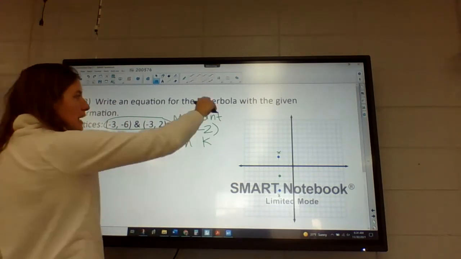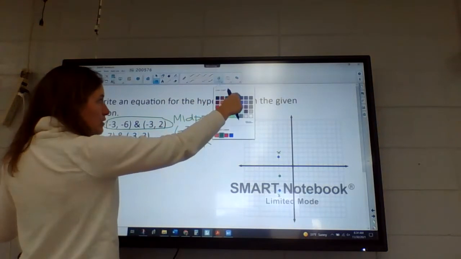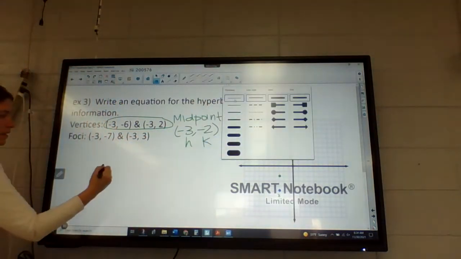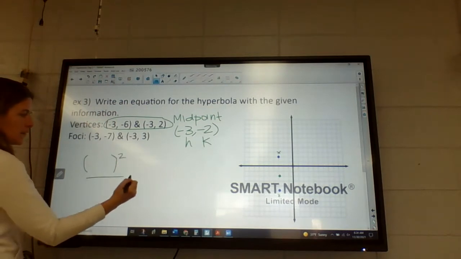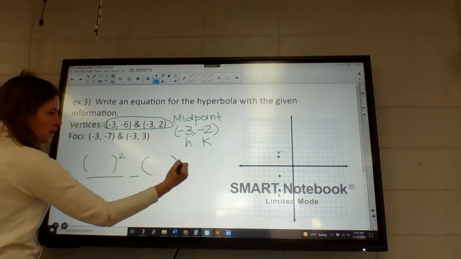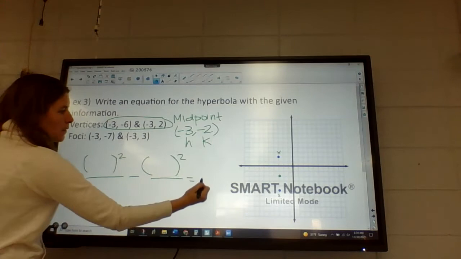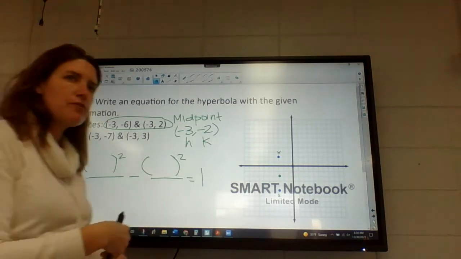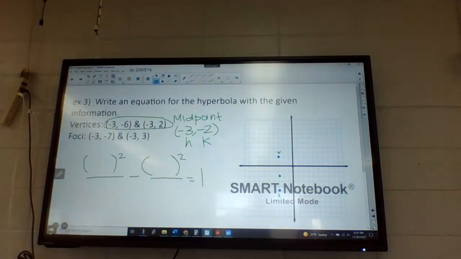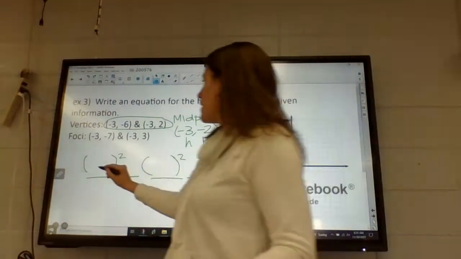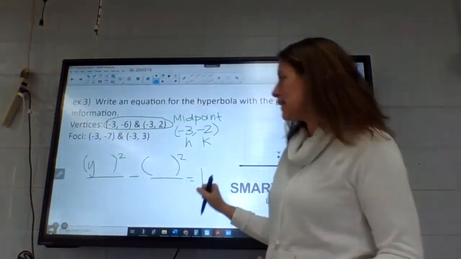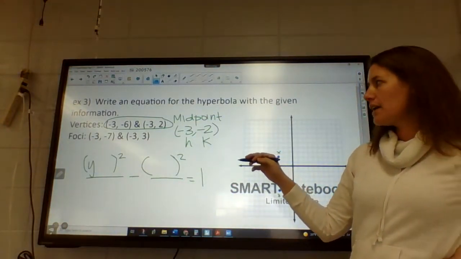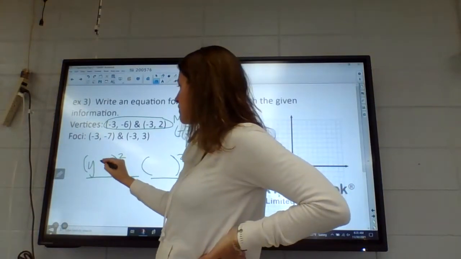So let's get down what we have already, or what we know for sure. Now we know this equals 1. Which variable should be first? Y. Yep. Now remember, it's y minus k. It's going to be y minus a -2, so plus 2.